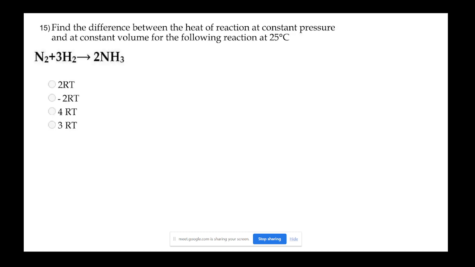So find the difference between the heat of reaction at constant pressure and constant volume for the reaction at 25 degrees Celsius. So what do I need to find out? Delta H reaction at constant pressure minus delta H reaction at constant volume.